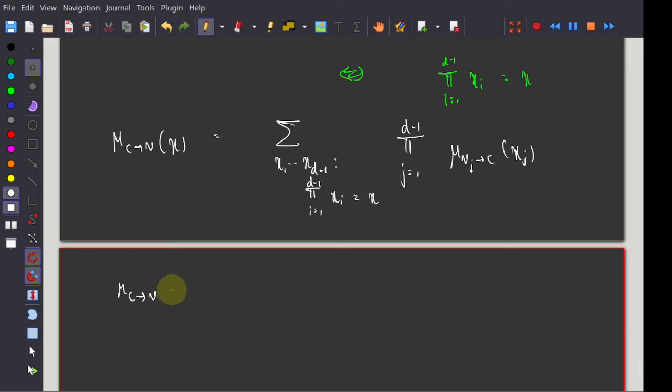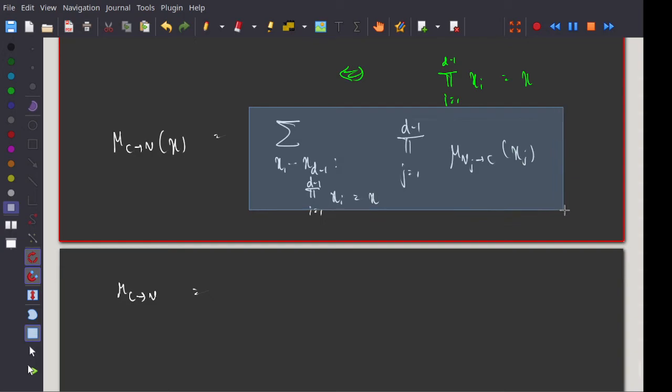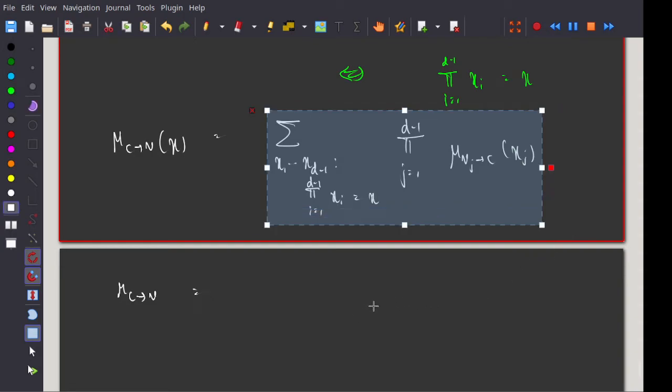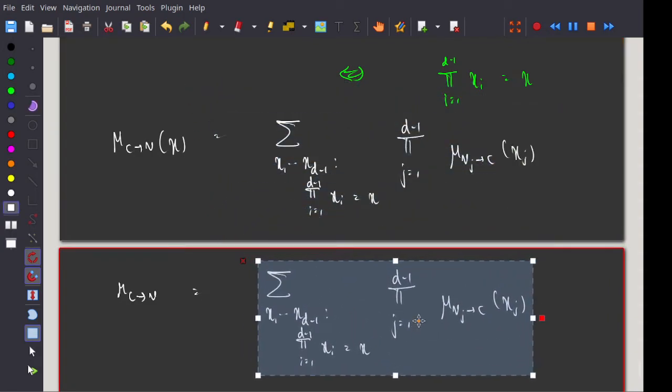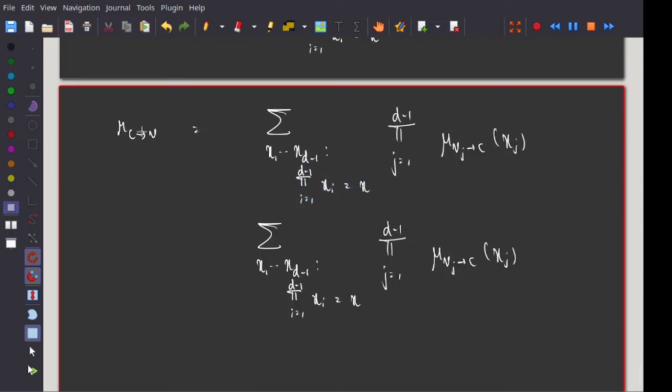So R_{C to V} would basically be the following, mu of plus 1 over mu of minus 1.